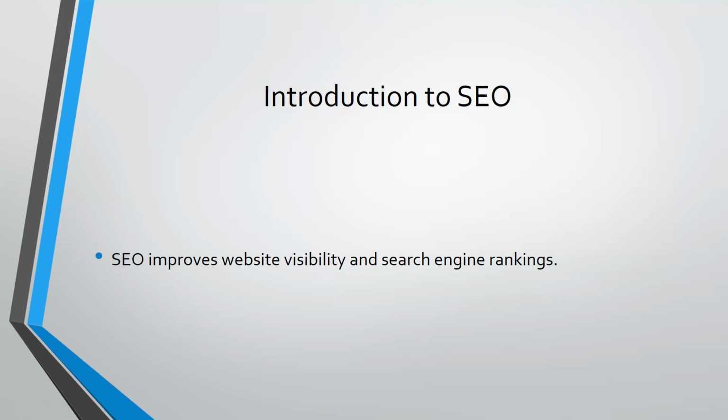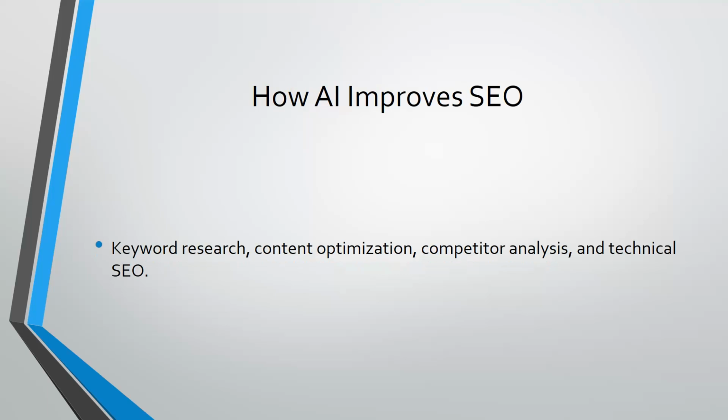Then we talk about search engine optimization. Search engine optimization is normally used to improve website visibility. I talked about that. And search engine rankings, so that your website or your social media can appear in the top search. Everybody can find it. So how does AI improve search engines? It helps you to design keywords that are really easy to find and research. Content optimization: it makes your content easily understood, so it doesn't become more complicated.